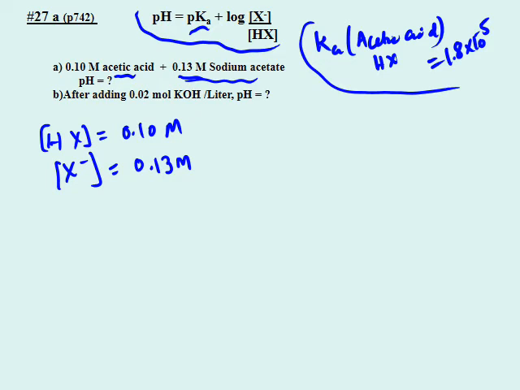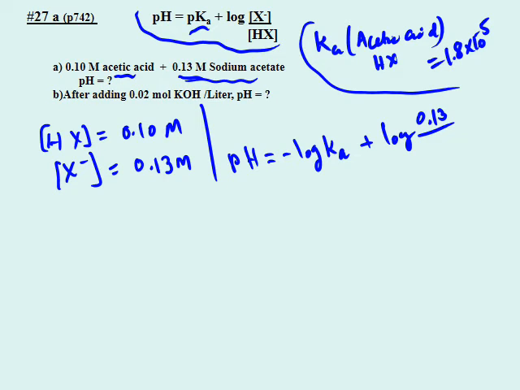So now let's plug in all these numbers. So we'd have pH equals pKa, which is minus log of Ka, in this case Ka for acetic acid, plus log of conjugate base on the top, which is 0.13, and conjugate acid on the bottom, 0.10.